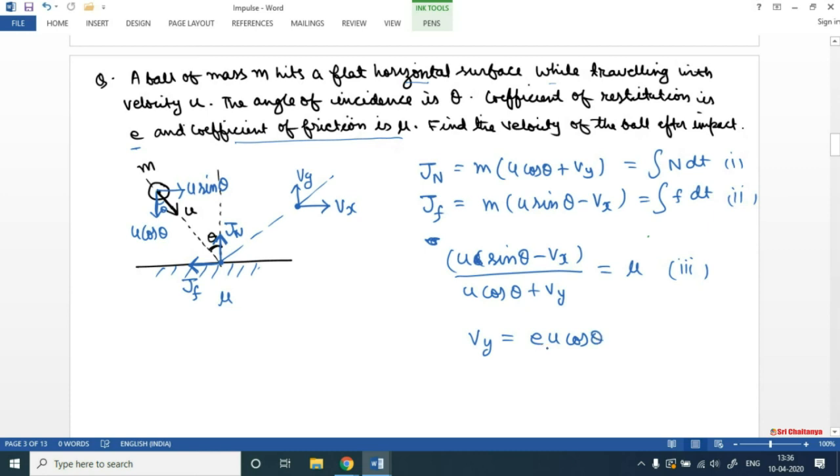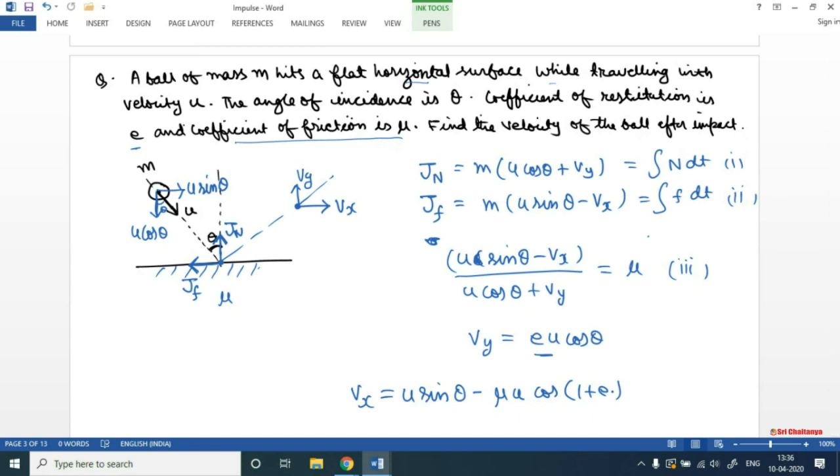And when we substitute this value in equation number 3, we are supposed to get Vx equal to u sin theta minus mu times u cos theta into 1 plus e. So this was one example where we had impulsive friction as well.